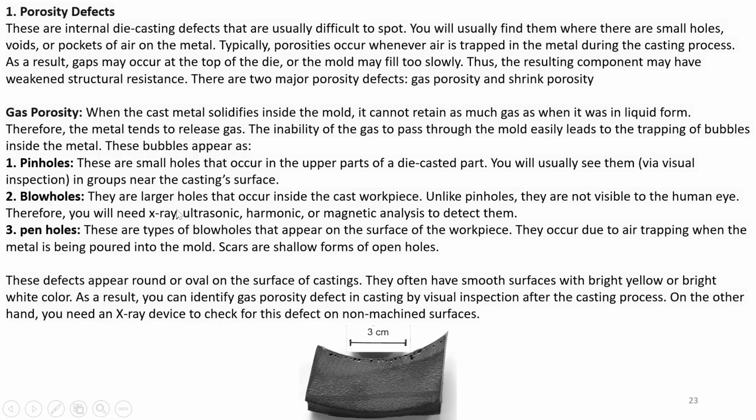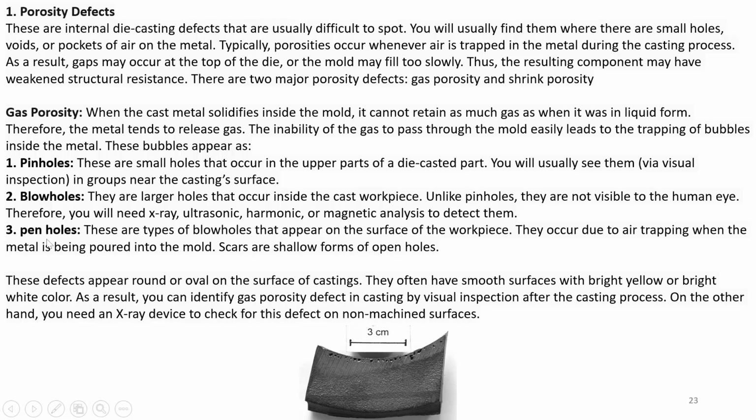Blowholes are larger holes that occur inside the cast workpiece. Unlike pinholes, they are not visible to the human eye. Therefore, they will need X-ray, ultrasonic, harmonic or magnetic analysis to detect them.